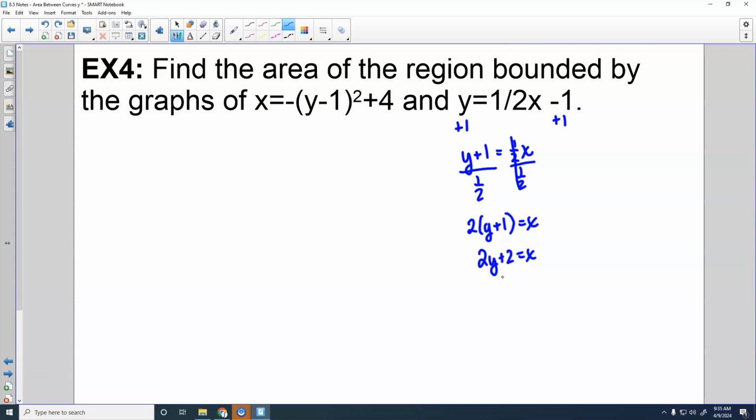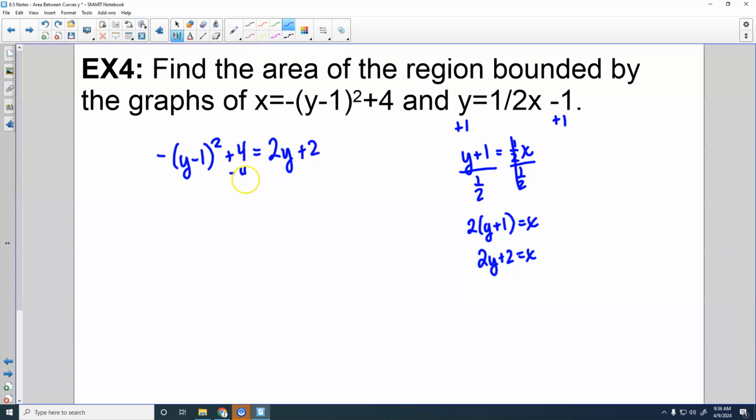Let's do it without a graph. All right, so we want to see where these cross. We need to set them equal to each other, right? So we're going to say negative (y minus 1) squared plus 4 equals 2y plus 2. It's not the easiest. What do we need to do?